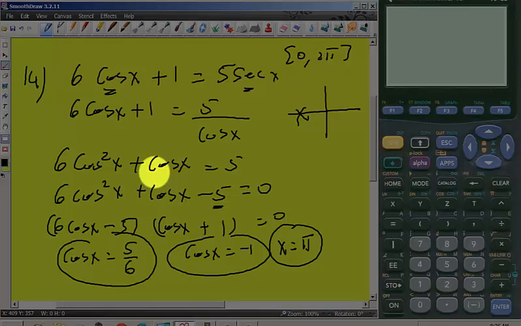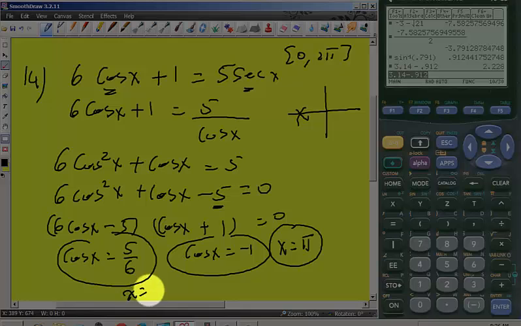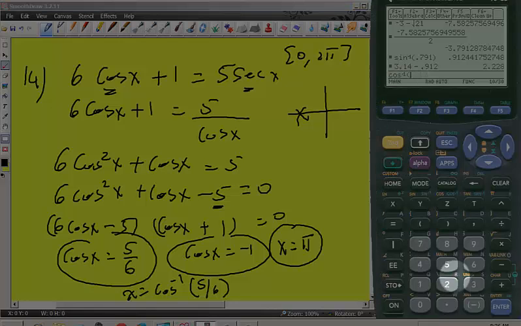So if it's not part of the unit circle, you have to go to your calculator and do what? Take what? Inverse. Very good. So let's go there. So my x is equal to cosine inverse of 5 over 6. Okay? So better punch in your calculator so you know how to do it. So cosine inverse, okay, 5 divided by 6.